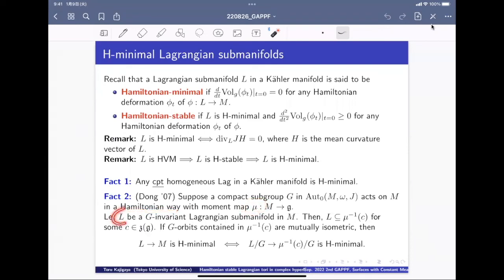And suppose also L is a G invariant Lagrangian submanifold in M. Then it is well known that L is contained in a level set of the moment map for some element C in the center of K. Moreover, if G orbits contained in mu inverse C are mutually isometric, then the H-minimality of L in the Kähler manifold M is equivalent to the H-minimality of the quotient Lagrangian submanifold in the Kähler quotient space.